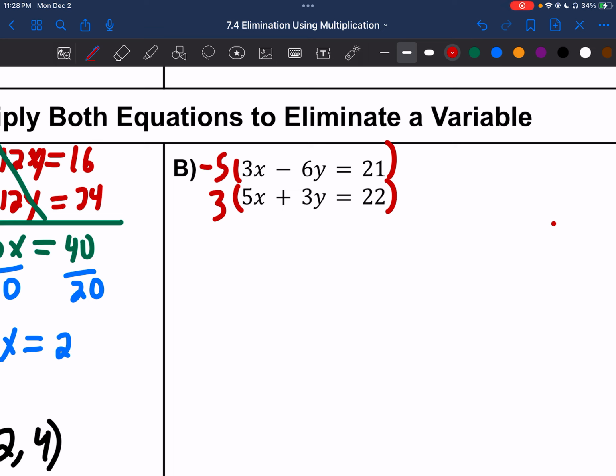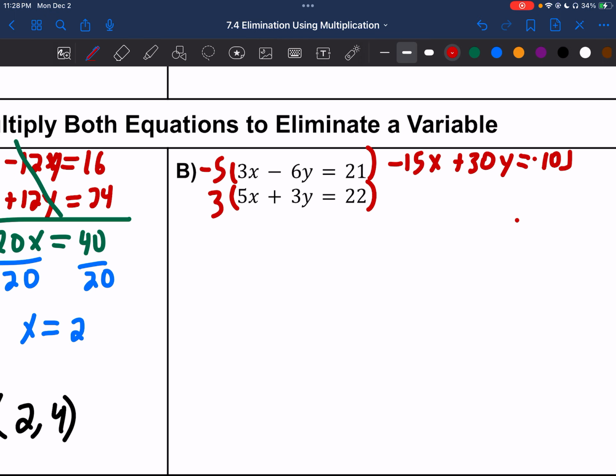So the top equation, negative 5 times 3 is negative 15x. We have plus 30y is equal to negative 105. And let me fix that so it looks a little better. Negative 105.